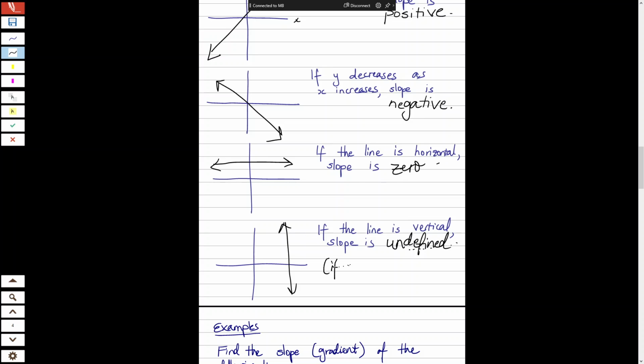If you try calculating gradient here, you will get division by 0, and you can't divide by 0.